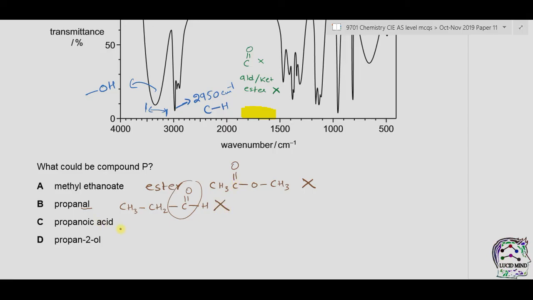C is propanoic acid, in which we have 3 carbon atoms. Again we have a carbonyl carbon peak, so C is incorrect. D is propan-2-ol. So we have an alcohol group whose peak is present between 3200 and 3600, and we also have carbon hydrogen whose peak is present at 2950. The answer is therefore D.